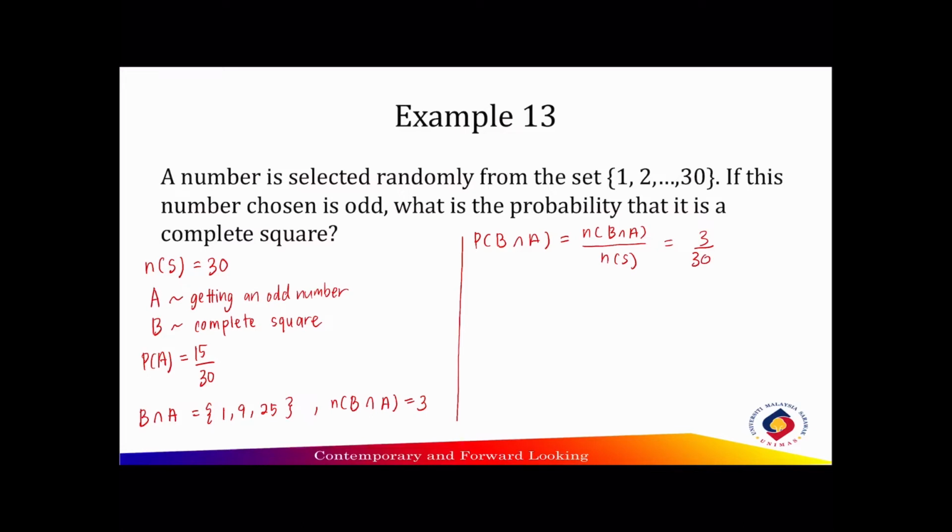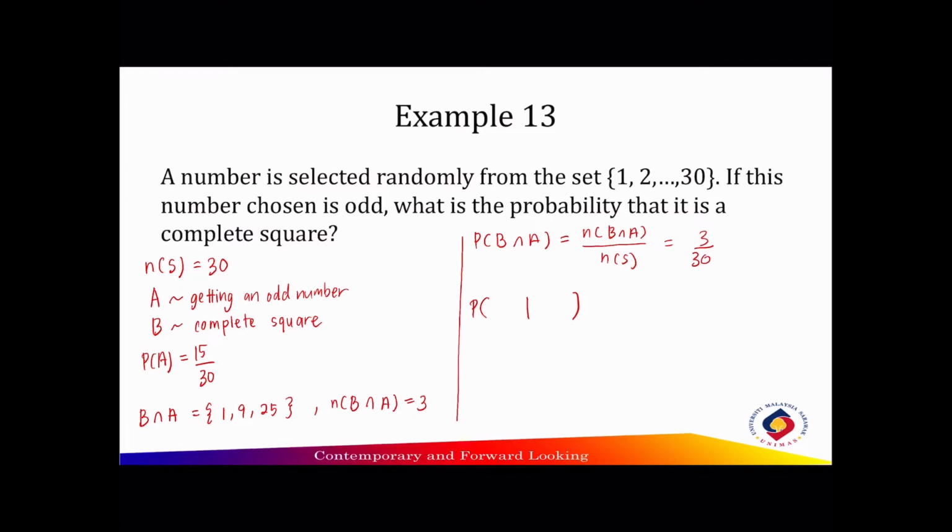Okay, so now we have P(A) and P(B intersect A). If we look again at example 13, the probability that we want is: if the number chosen is odd, what is the probability that it is a complete square? Hence, we have to know what happens first.